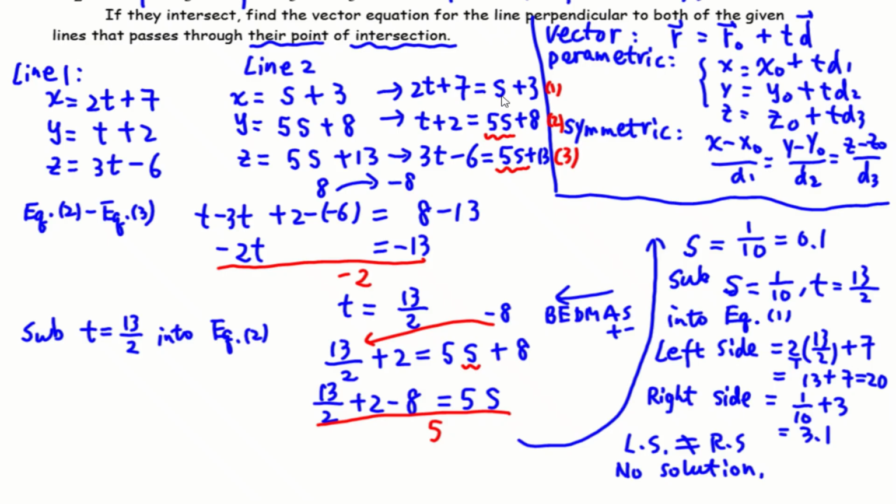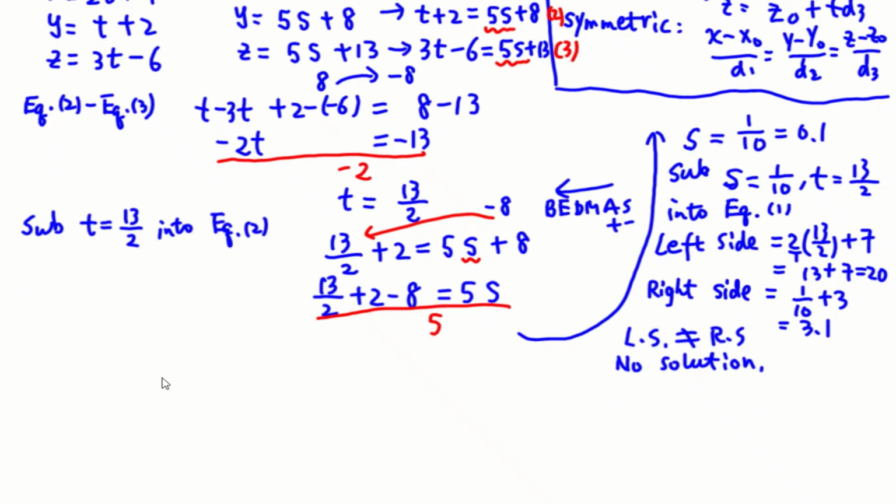Then if we couldn't get s and t values that make these three equations true, it means we don't have the same x, y, z coordinates from these two lines. Therefore, the two lines do not intersect.